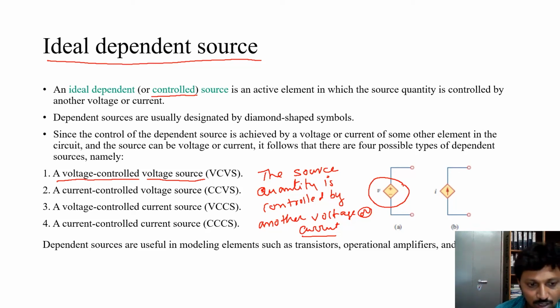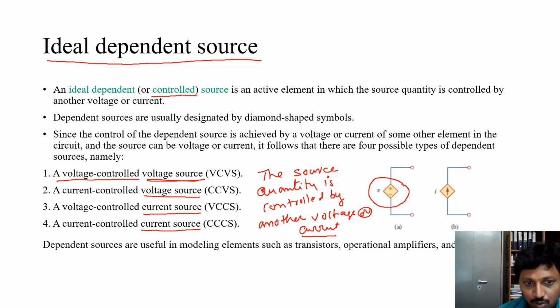The fourth one is the current controlled current source. Here this voltage source is controlled by a voltage, this voltage source is controlled by a current, this current source is controlled by a voltage, and this current source is controlled by a current.